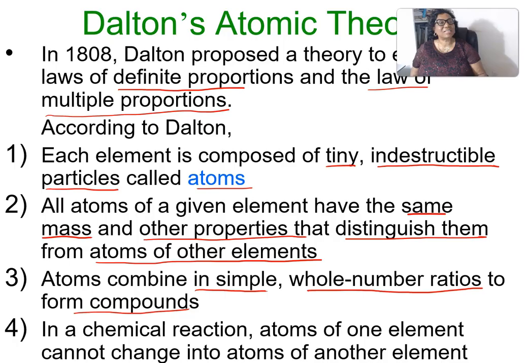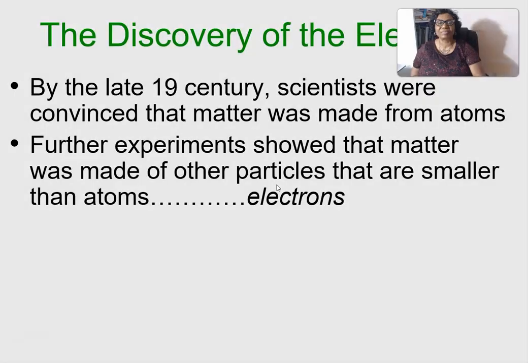After scientists discovered that matter is made up of atoms, they started investigating atoms, and let's see what they discovered. By the late 19th century, scientists were convinced that matter was made from atoms.